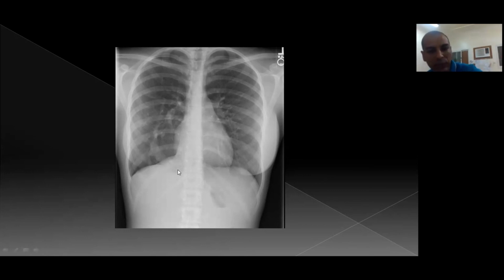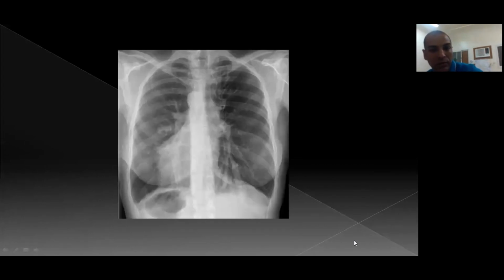This is the classic form for scimitar. In this other one, we have gastric air bubbles on the right side and the heart inverted to the right side, and some bronchiectatic changes or tubular opacities. This triad of situs inversus with bronchiectasis is Kartagener syndrome.